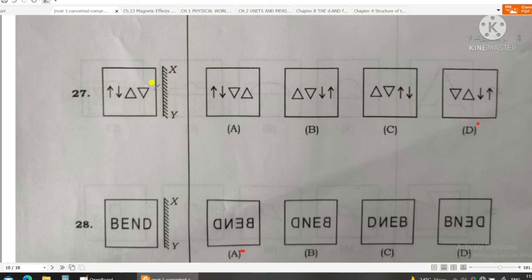Okay, this triangle is near the plane mirror and this arrow will come here. Okay, you have to identify. Now you see that the arrow in the D figure, in the D option, is exactly the mirror image.